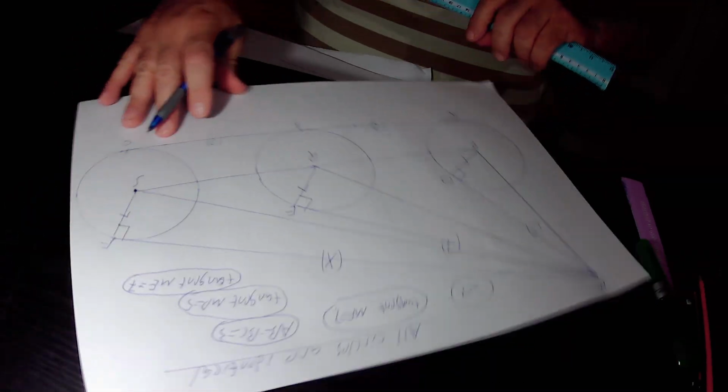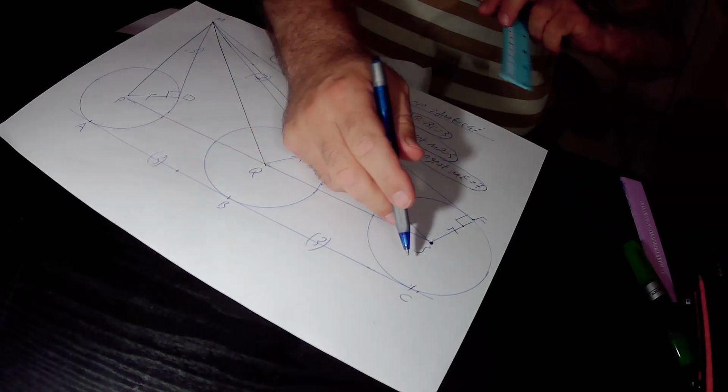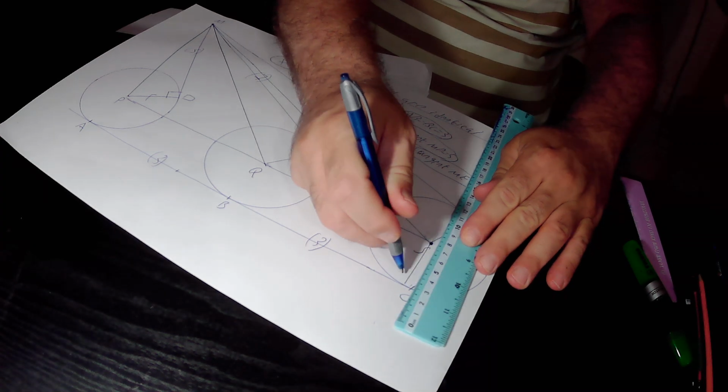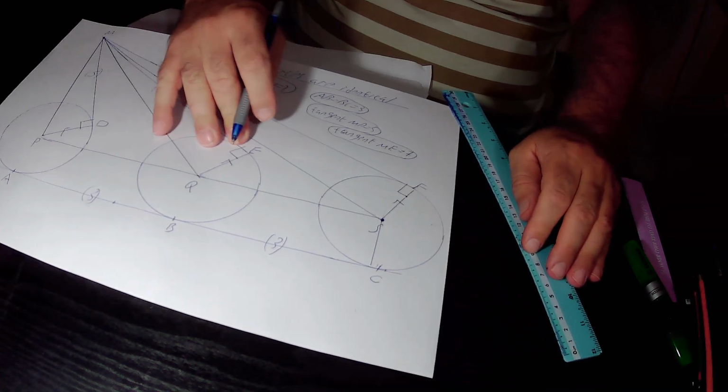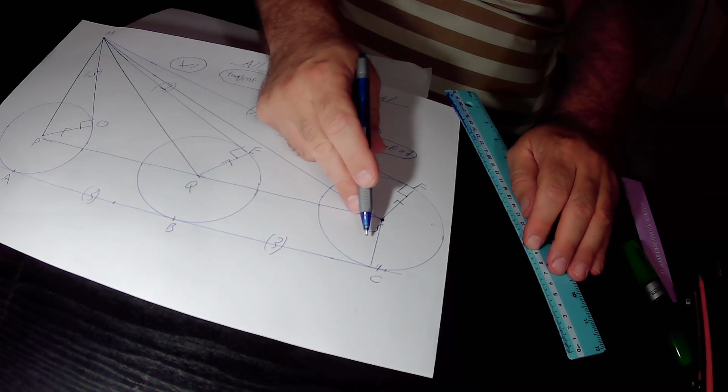So in the next step, we'll join points S and C together by a straight line. Point S is the center of the circle. Point C is the point on the circle itself.